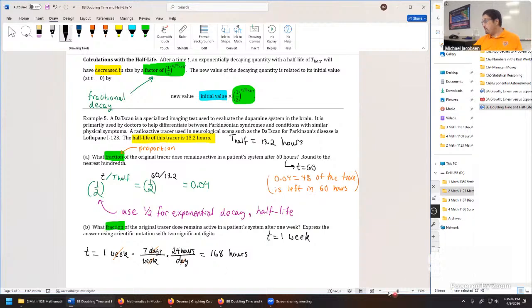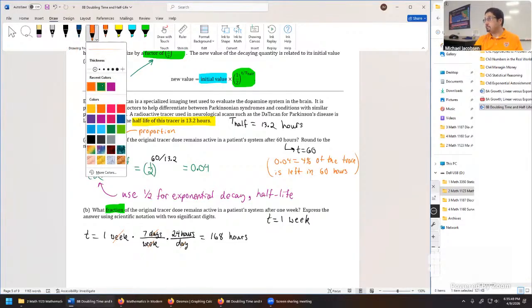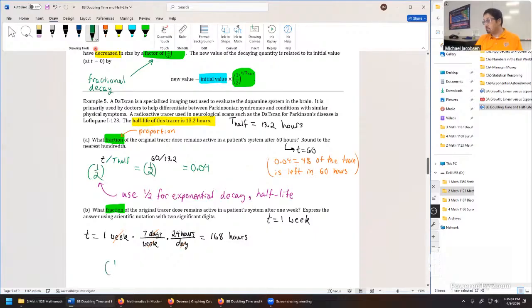hours. And now we can rewrite this entire statement as the 1/2 raised to the power of t divided by the half-life. Our author uses t half for half-life. And by the way, if you don't like that symbol, t half being the half-life, a more common symbol is the Greek letter lambda.